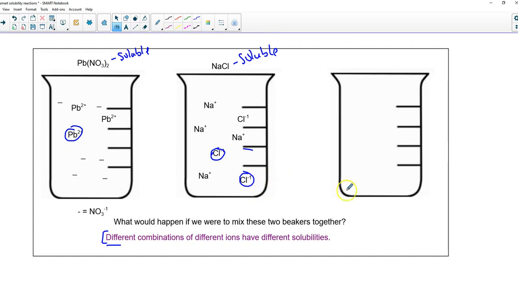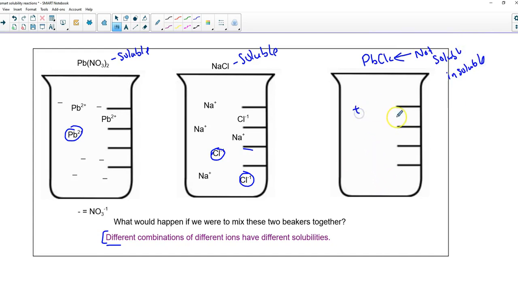So in this case, I'm going to get this situation, okay, where essentially we might think of at some point lead chloride, PbCl2, essentially maybe even being not soluble or even insoluble. Everything will dissolve a little bit.